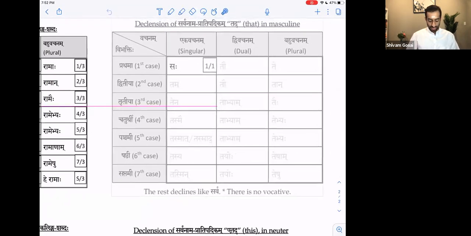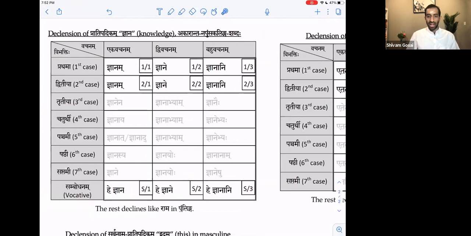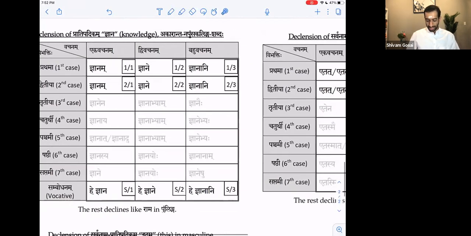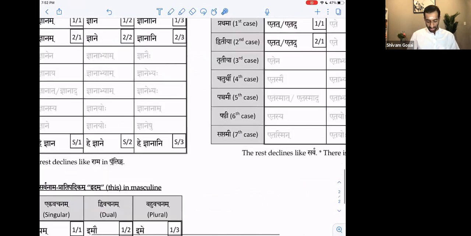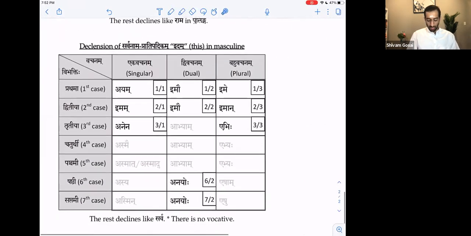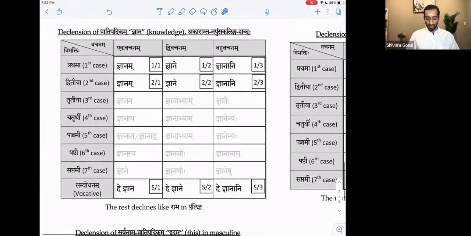For jnanam, we have jnanat or jnanad for fifth case. Etasmat or etasmad, or even idam, asmat or asmad. Basically, why does that t become a d? This is what jaśtvam-sandhiḥ is useful for.